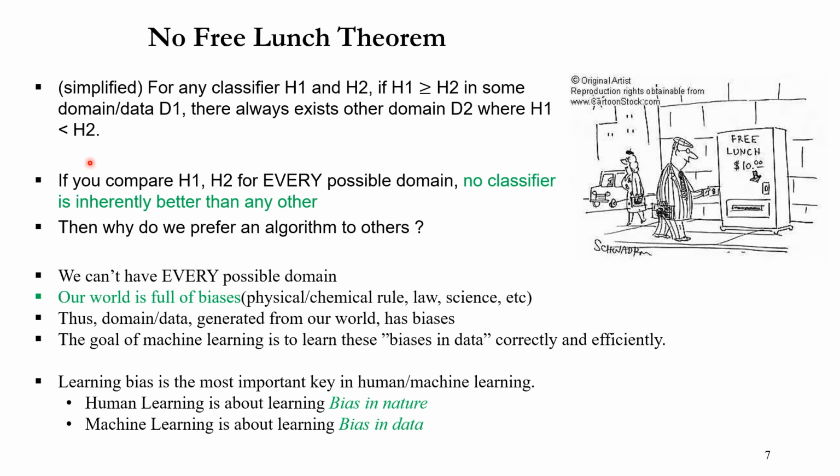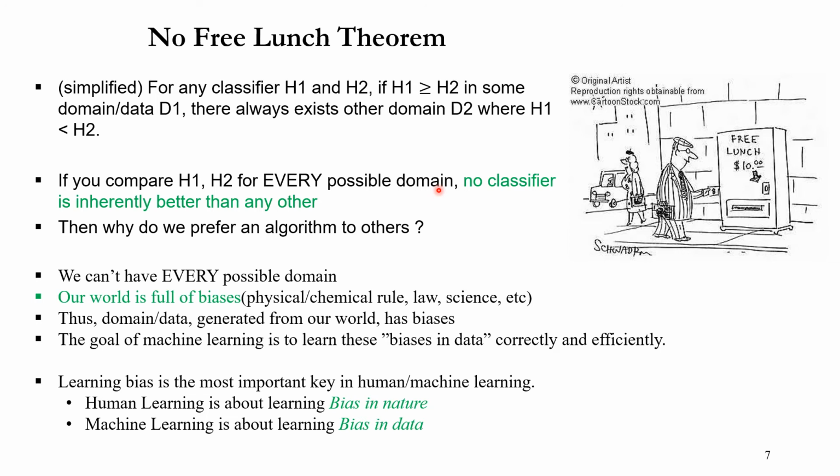Another way of saying this theorem is, if you compare two classifiers H1 and H2 over every possible domain, and this is unrealistic, but suppose you have every possible domain you can imagine, suppose you have that data, then if you compare these classifiers H1 and H2, there is actually no winner.